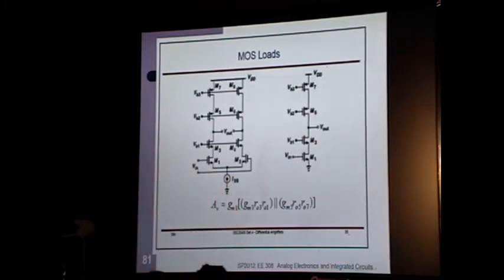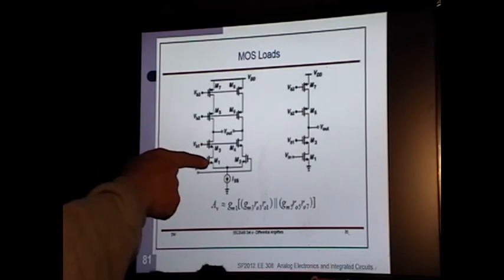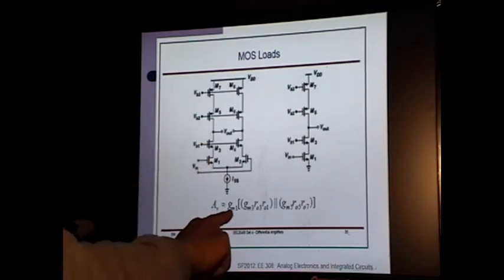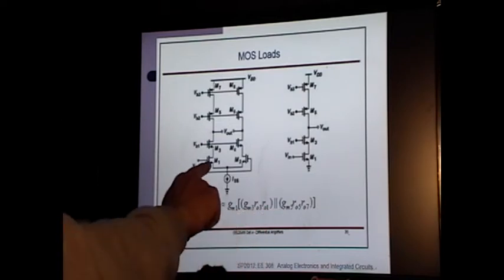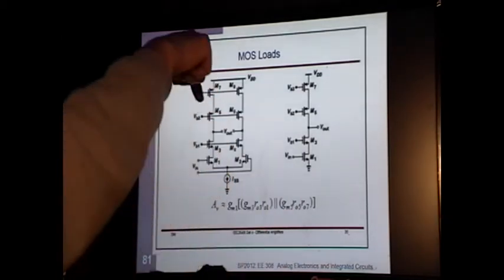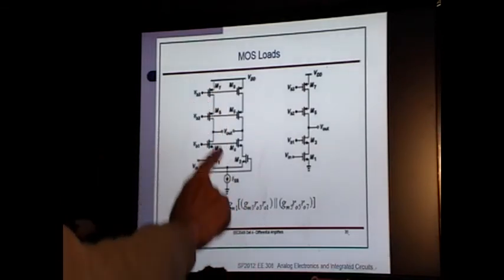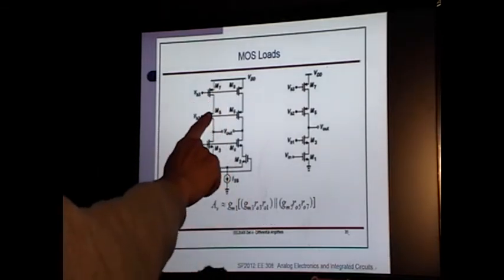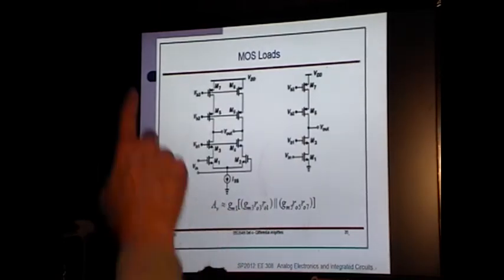It's got this GM in front of it, and the GM is from the second transistor, not from the input transistor. So gain is GM times RO, where this GM is of the input transistor. This is your resistance: you see GM3, RO3, RO1 looking down, and you see GM5, RO5, RO7 looking up.